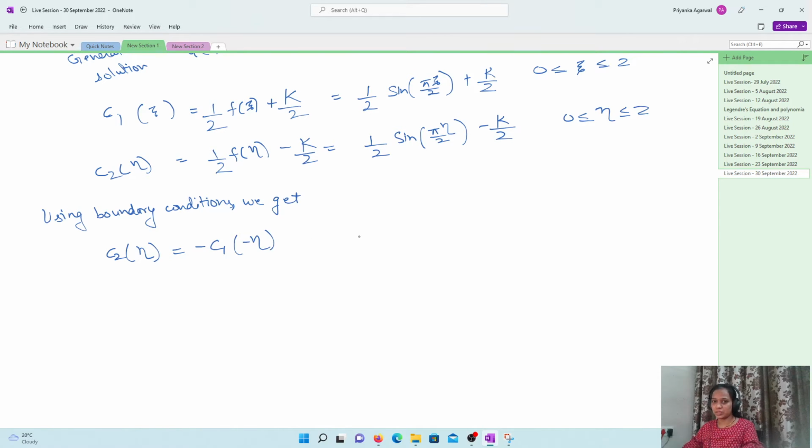See how the boundary condition says we have u of this equal to 0.